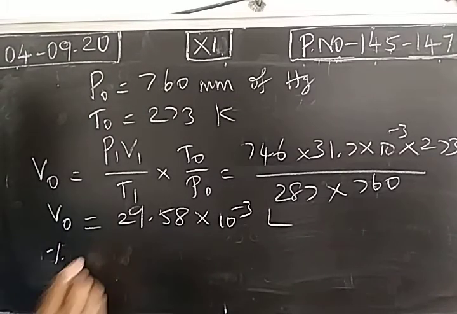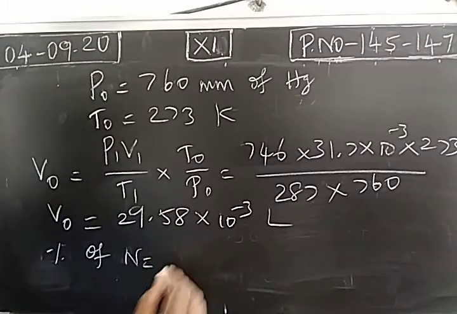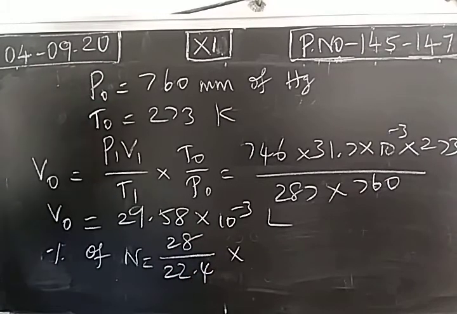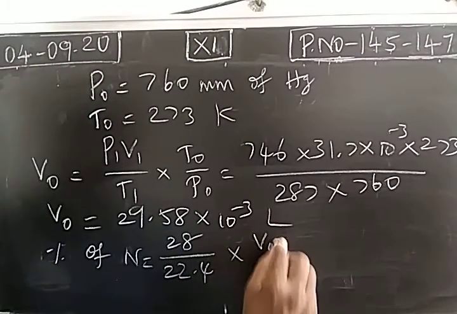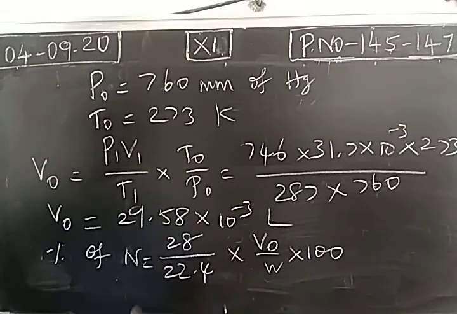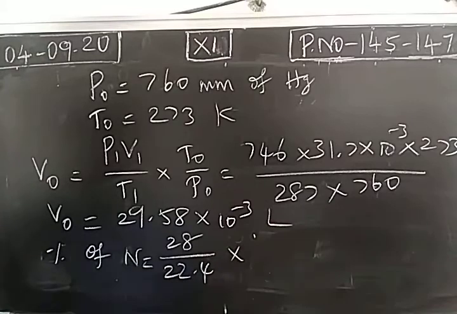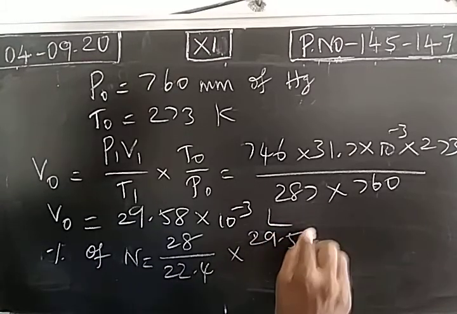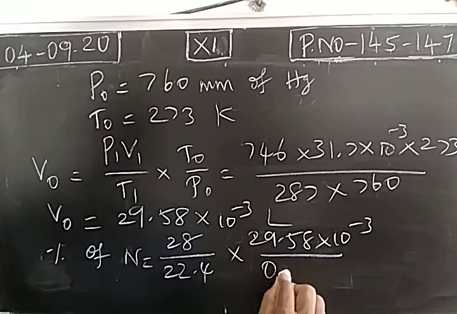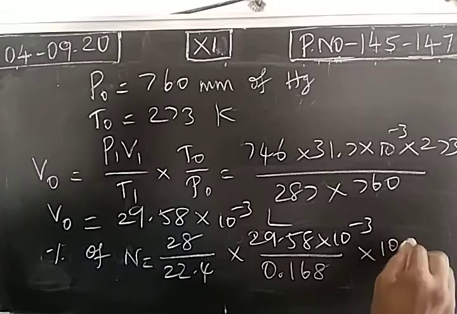We need the percentage of nitrogen. What is the formula? 28 divided by 22.4 into V0 divided by W into 100. So what is the V0 value? To substitute that, V0 value 29.58 into 10 power minus 3 divided by weight of organic compound 0.168 multiplied by 100.